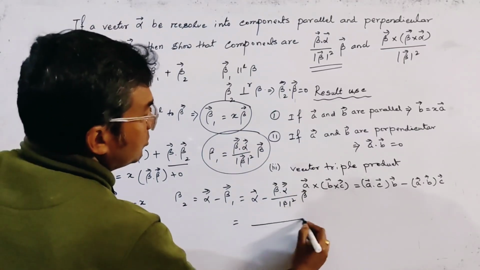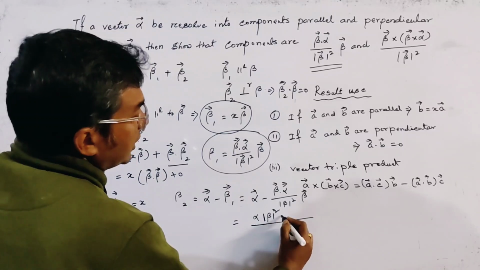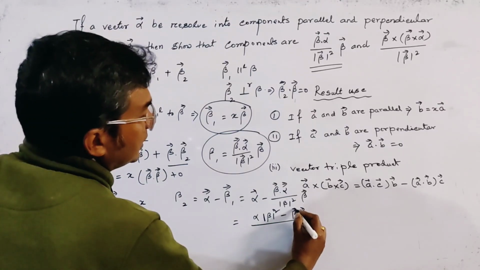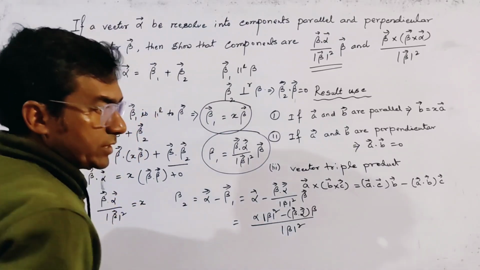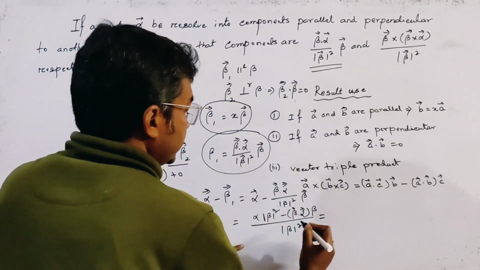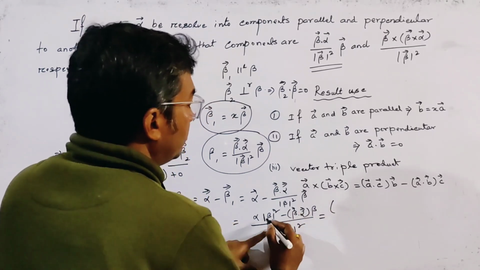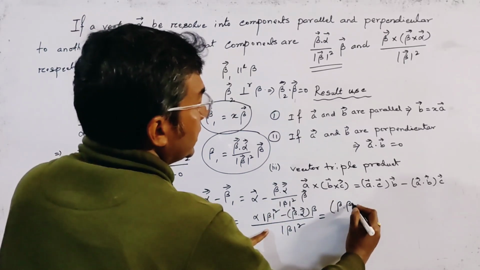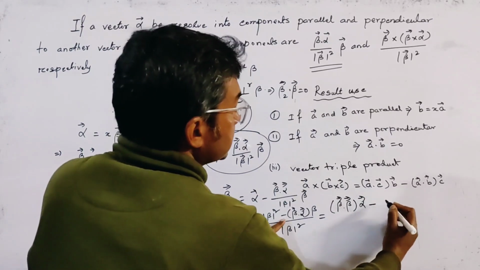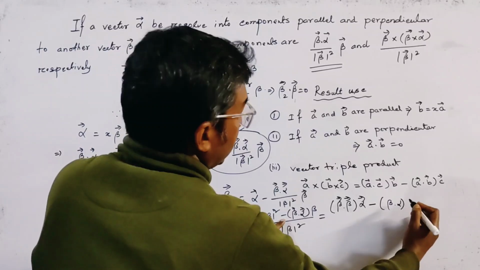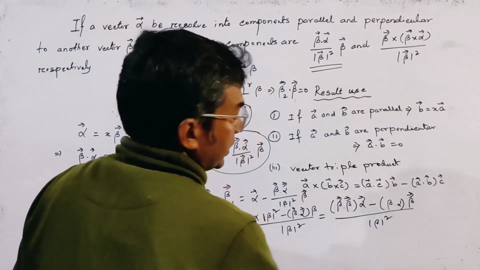Now taking LCM, this is alpha times mod beta whole square minus beta dot alpha times beta, by mod beta whole square. We may write this as alpha, first mod beta whole square, which is beta dot beta alpha, minus beta dot alpha beta, by mod beta whole square.